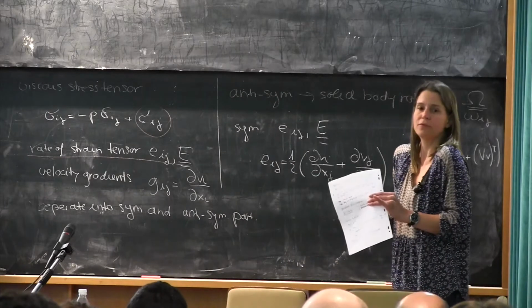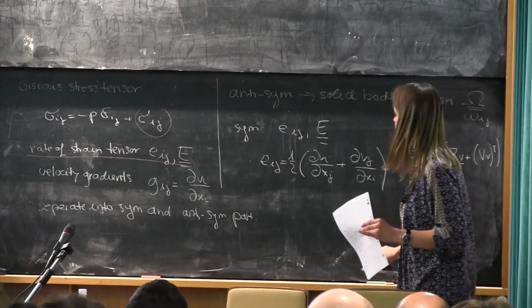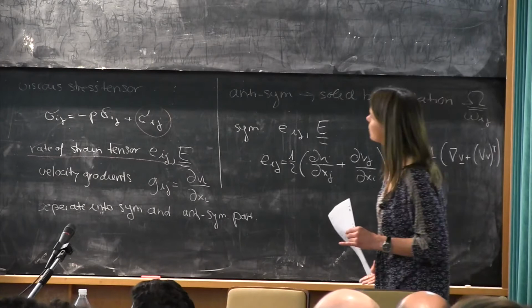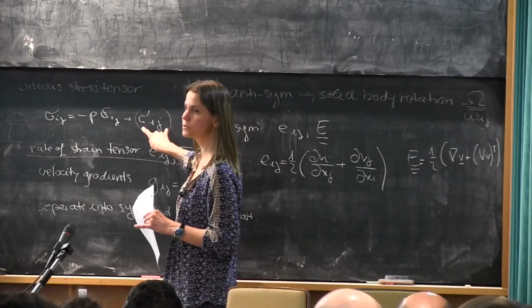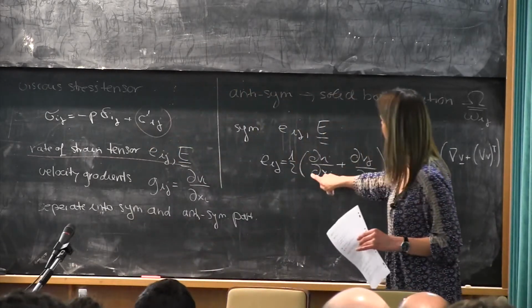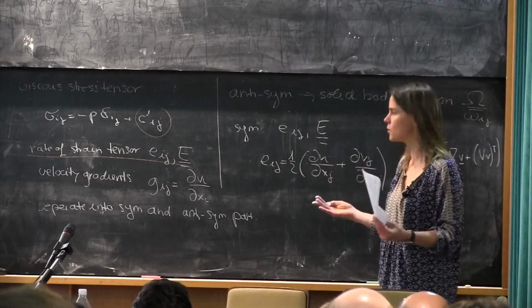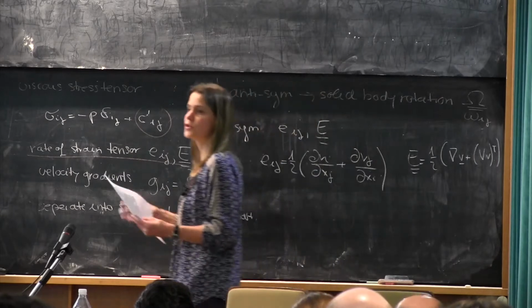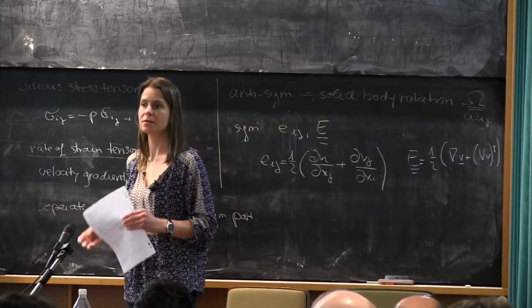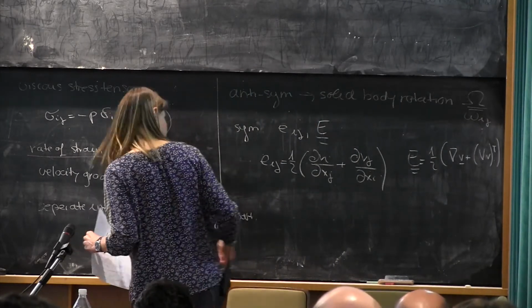Okay, so far we've really done nothing, and we just rewrote everything in tensor notation. So we now have a viscous stress tensor, and now we have the shear tensor. The only thing we will do now is link both of them, and that will give the generalized Newton's law, which is nothing else than the constitutive equation.